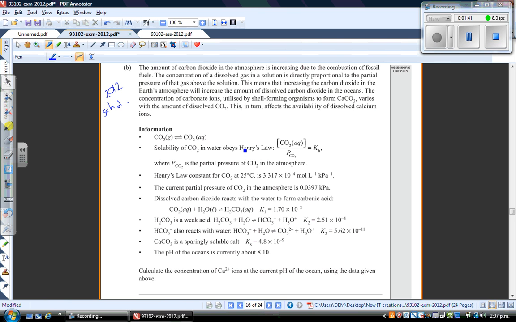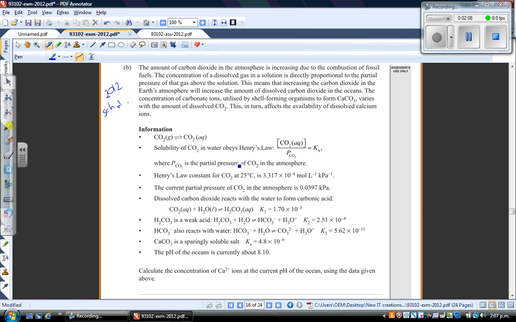You're also given Henry's law, which isn't taught in level 3 chemistry, but it's one of those ideas where they introduce it in a question and you're supposed to be able to figure out how to use it. So Henry's law relates the concentration of aqueous carbon dioxide with the partial pressure of CO2 in the atmosphere to Henry's constant, essentially, Henry's law constant.